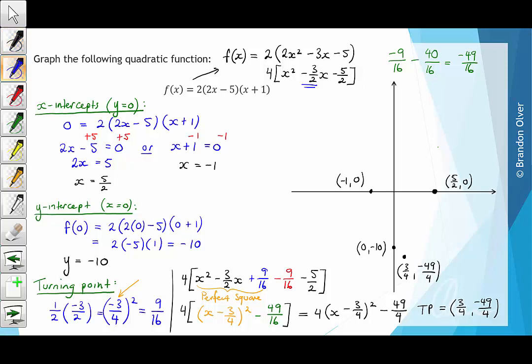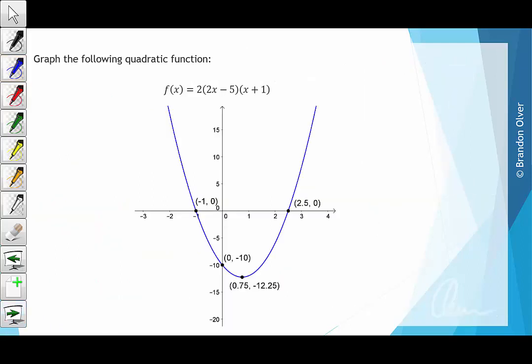Joining these up with the parabola, we're going to have it going through the x-intercept, through the y-intercept, and back up through the second intercept. So here it is graphed by a computer. We can still see that we've got our x-intercepts here and here, our y-intercept, and our turning point. And they are the key features for graphing any parabola.